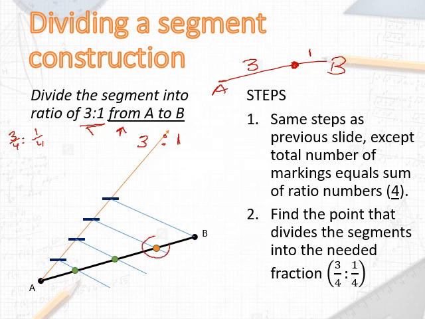So this one here gives us 1, 2, 3 parts, like 3 congruent parts on one side of the point and 1 congruent part on the other. So that would be a ratio of 3:1 from A to B. So again, just make sure that direction looks good.